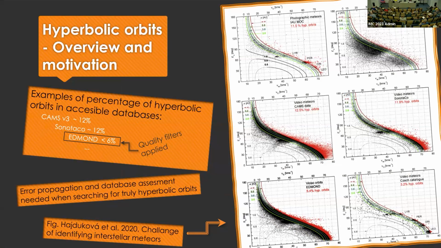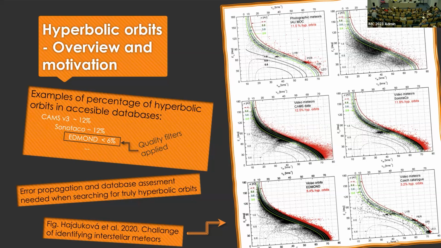There are many databases freely accessible. And if you look at them, not in all of the databases, but in many of them, about 10% of the orbits are hyperbolic meteors, which might indicate interstellar meteors, but in many cases, this is just the result of errors.